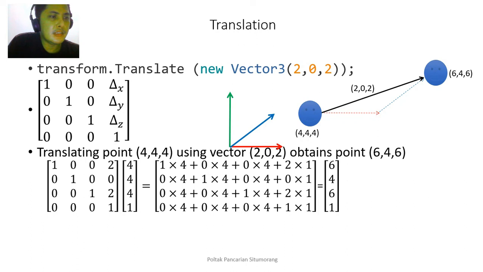This representation allows us to use matrix multiplication to perform translation. We insert the translation vector (2, 0, 2) into the translation matrix and pre-multiply by the origin point (4, 4, 4). Performing the matrix multiplication results in the point (6, 4, 6).